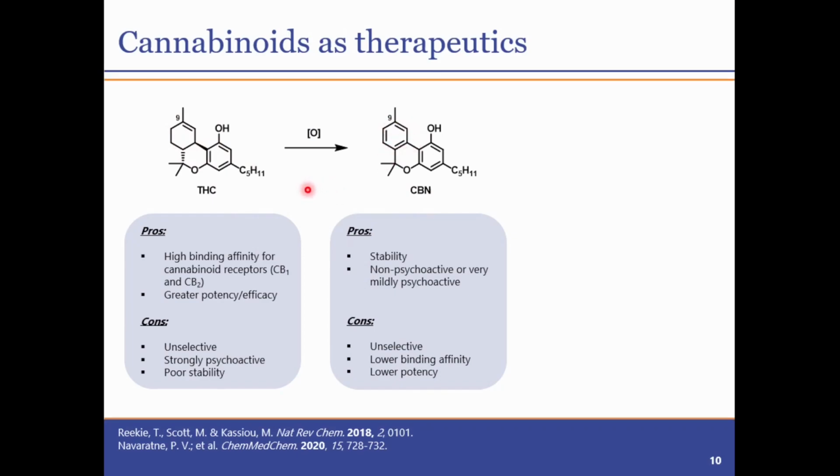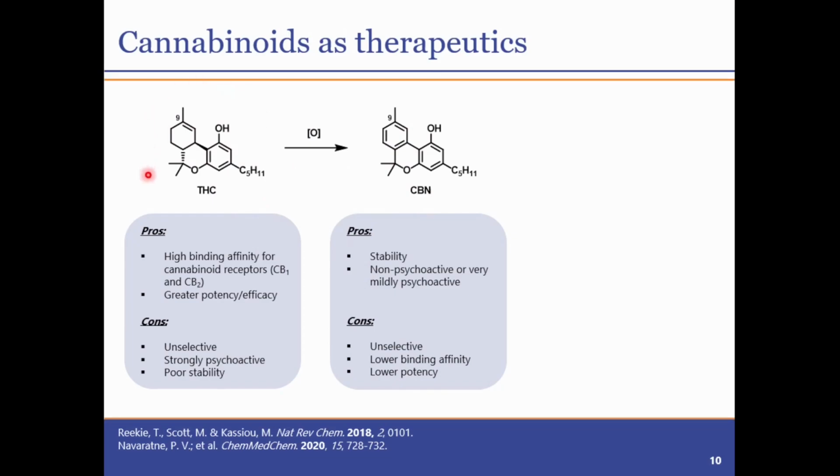And actually, under ambient conditions, THC will oxidize to CBN at a fairly steady rate. This oxidation process is very favorable and is actually one of the reasons that THC as a drug substance is not ideal, because it is not terribly stable under just regular out-on-the-counter conditions.